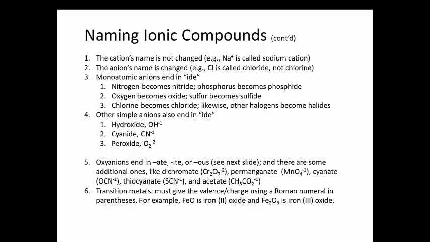For example, if I say, write out FeO and I try to give it a name in English, it is iron, Roman numeral 2, oxide. You got that? Iron 2 oxide. And if I write that out in a text message, for example, iron, parentheses, Roman number 2 oxide, then someone on the other end would write out FeO.